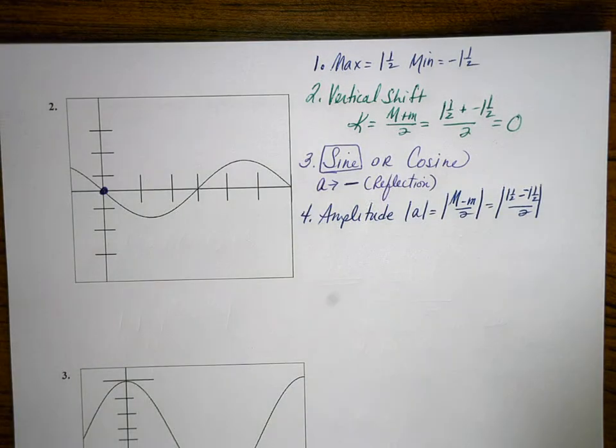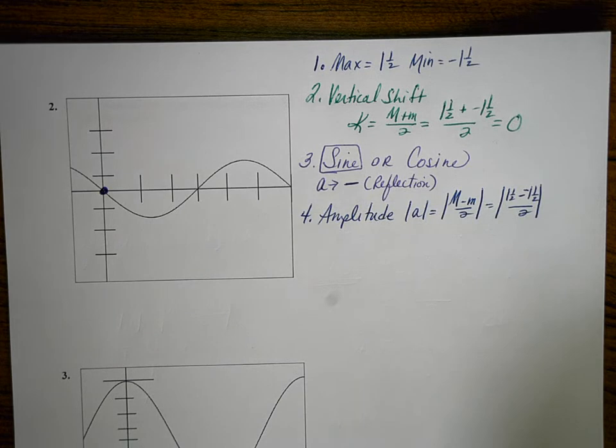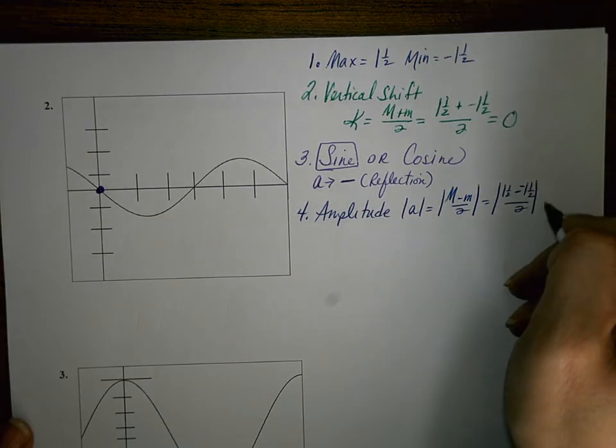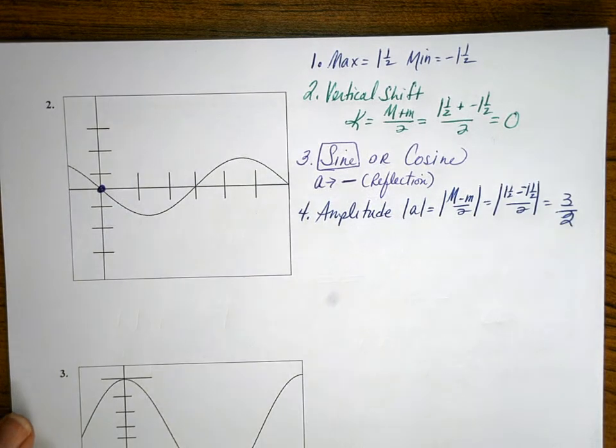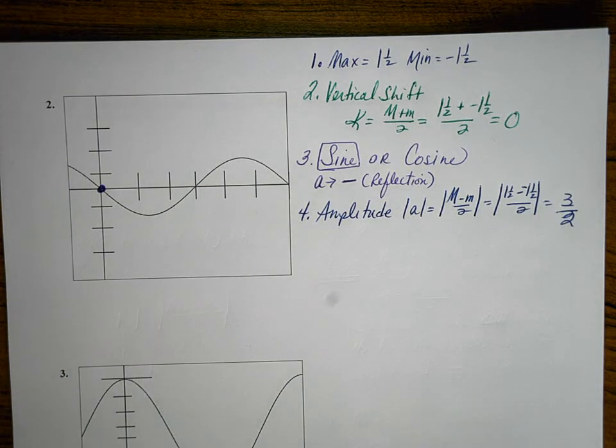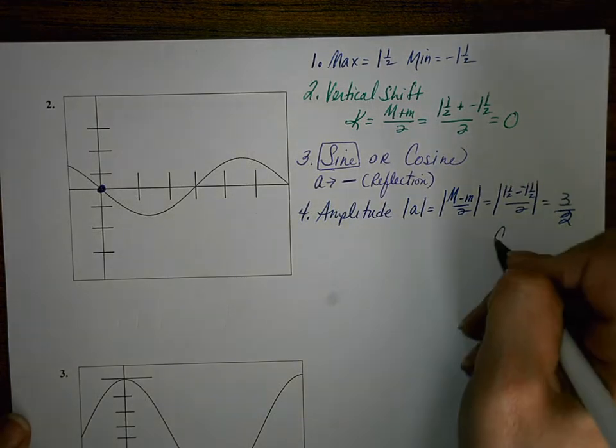What do we get? 3/2. Very nice. So what is my A value? My A value is going to be negative 3/2.